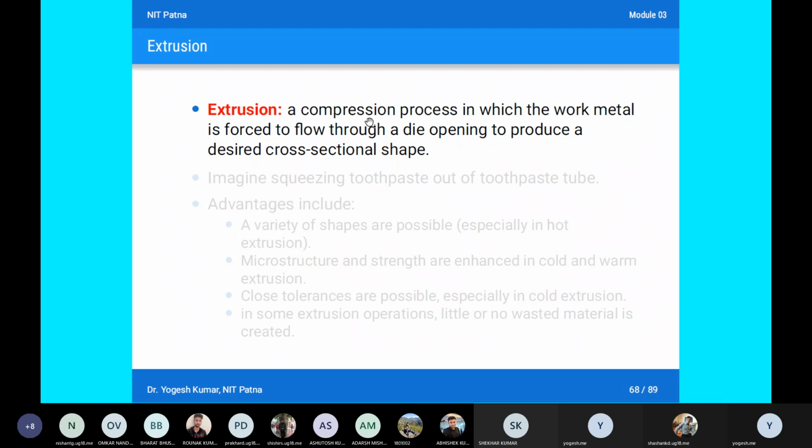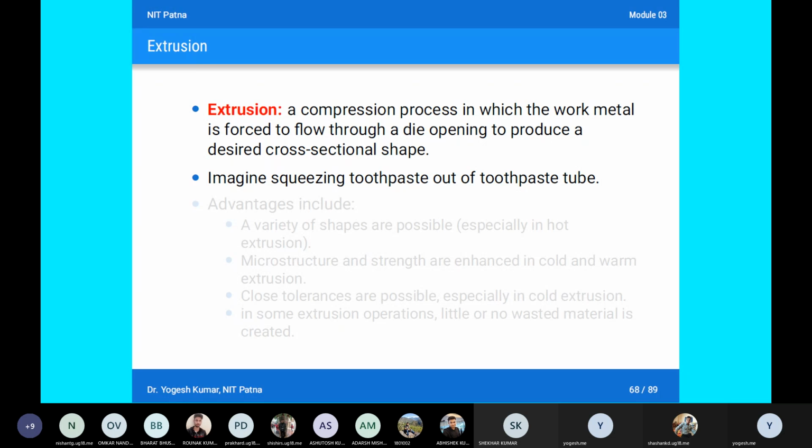In order to understand how this extrusion process is carried out, you can take the simplest example of squeezing your toothpaste. If you squeeze your toothpaste from one side, and there is an opening at the neck, your paste comes out of your tube. How is this paste coming out?